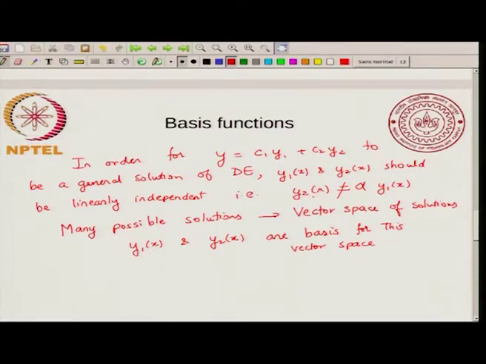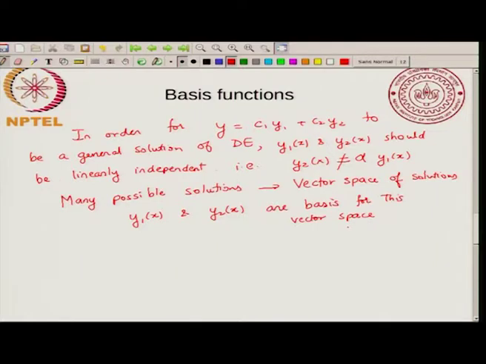So this is a vector space of functions which solve the differential equation. And this vector space will have a basis of two functions which are also solutions of the differential equation, but which are linearly independent.